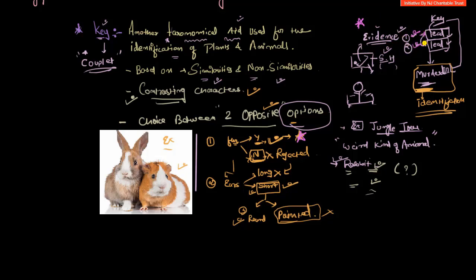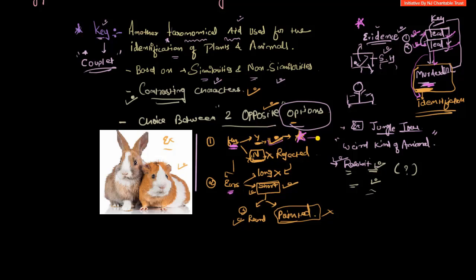Each of them behaves as a lead and reaches you to the murderer, so you identify the murderer with the help of these leads. Similarly here, I have chosen different characteristics, and each of them, when I choose between two opposites, gives me some kind of key.